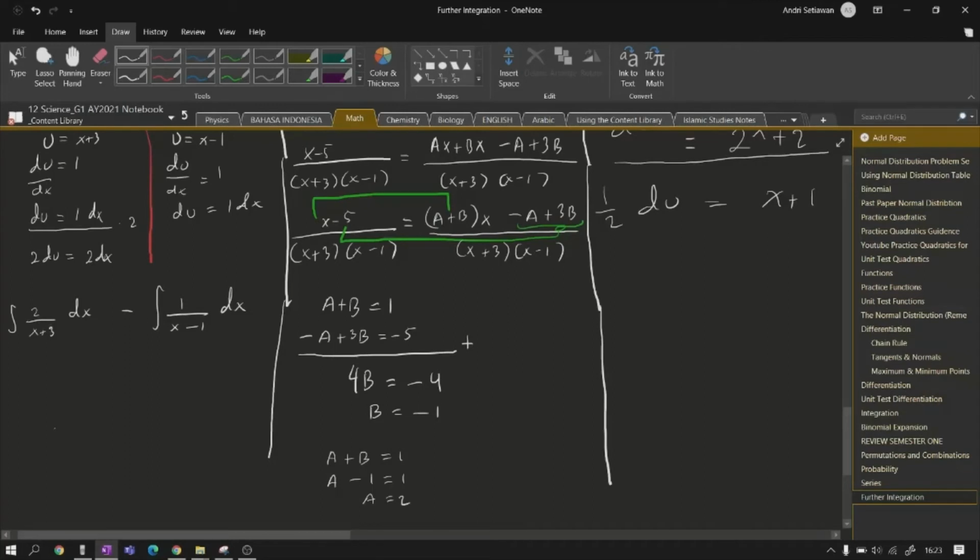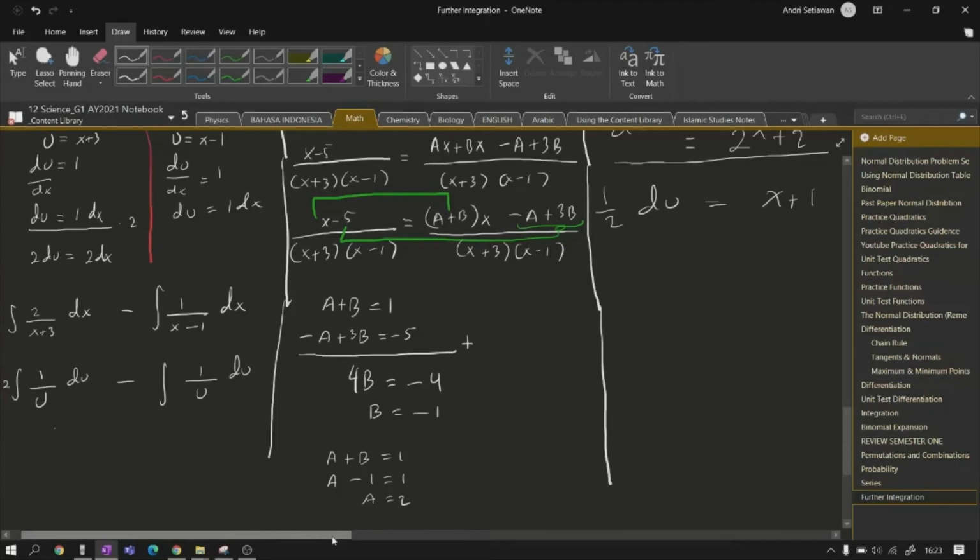Okay, let's continue. x plus 3 can be substituted with u, and 2 dx can be substituted by 2 du. You can make it 1 minus the integral, with x minus 1 as u and dx as du.